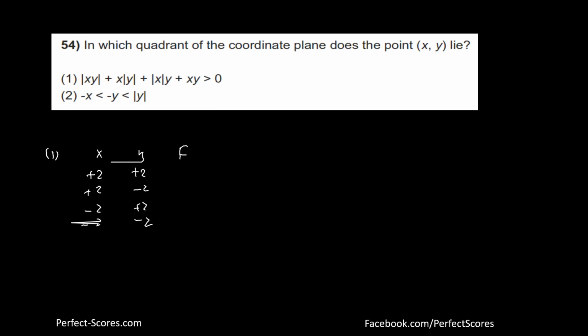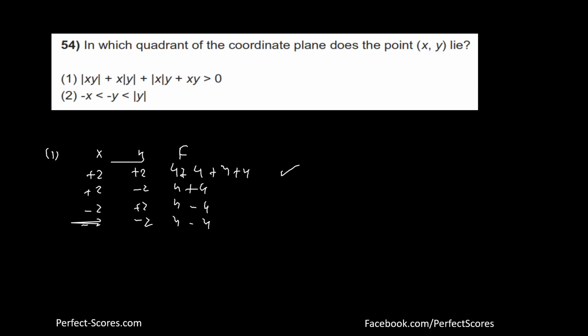So absolute of xy, which is 4, plus x into absolute of y, which is 4. This is just going to be 4 and 4, right? So this is going to be satisfied, so the fact is satisfied here. Let's check here. Absolute of xy is 4 for everyone. Then you have x into absolute of y, which is 4, then negative 4, then negative 4.